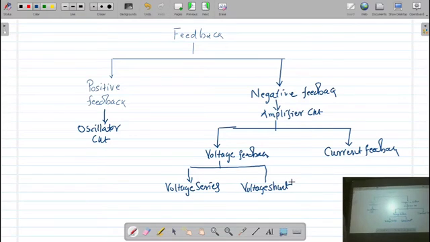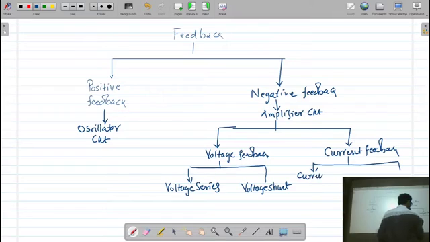Remember. And in the same way for current feedback, the feedback is connected in series or in parallel, so we have two types of current feedback: current series feedback and current shunt feedback.